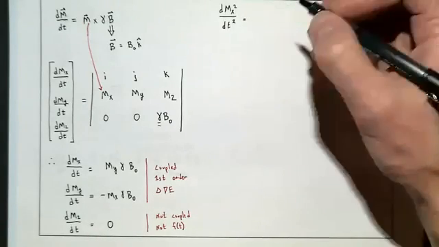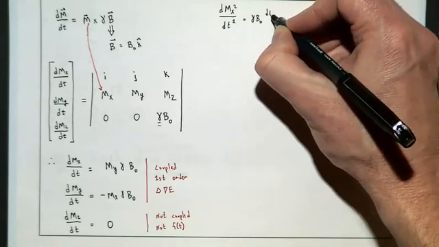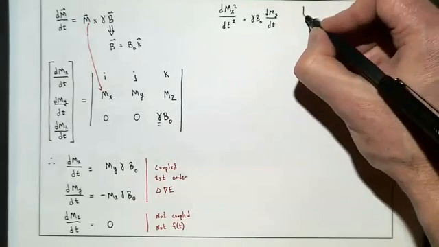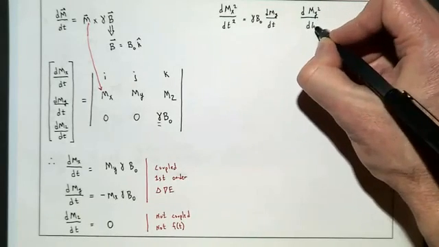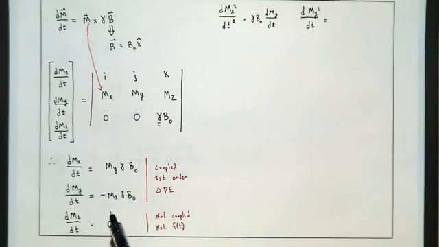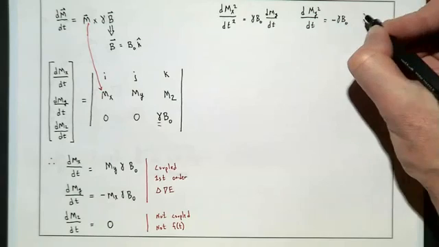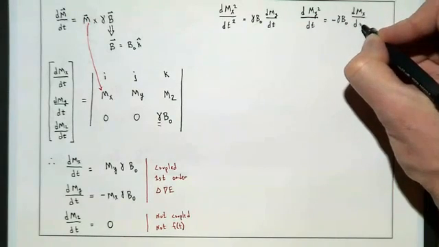The only thing that changes as a function of time is My. So I have gamma B0 dMy/dt. And similarly, I want to take d²My/dt². I'm going to take the time derivative of this expression here. So I have minus gamma B0 dMx/dt.